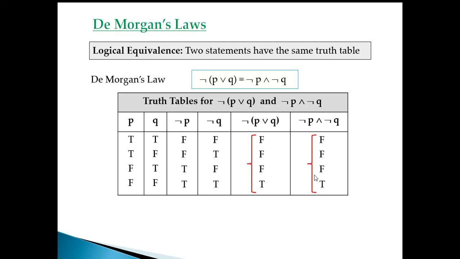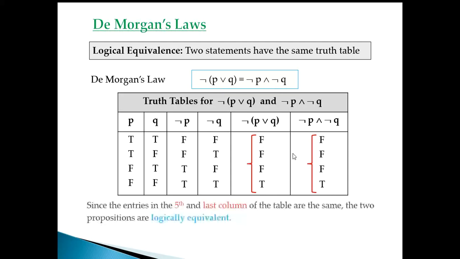So we can say these two propositions are equivalent. You can write it like this: since the entries in the fifth column and the last column of the table are the same, these two propositions are logically equivalent.